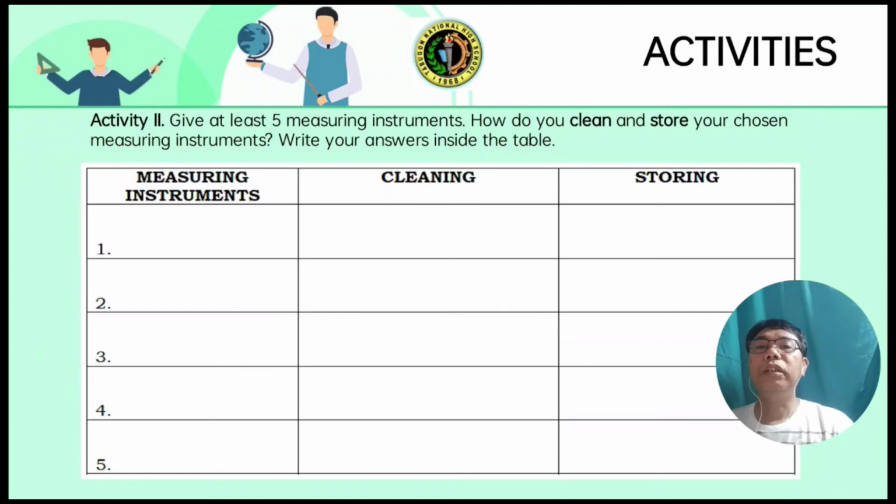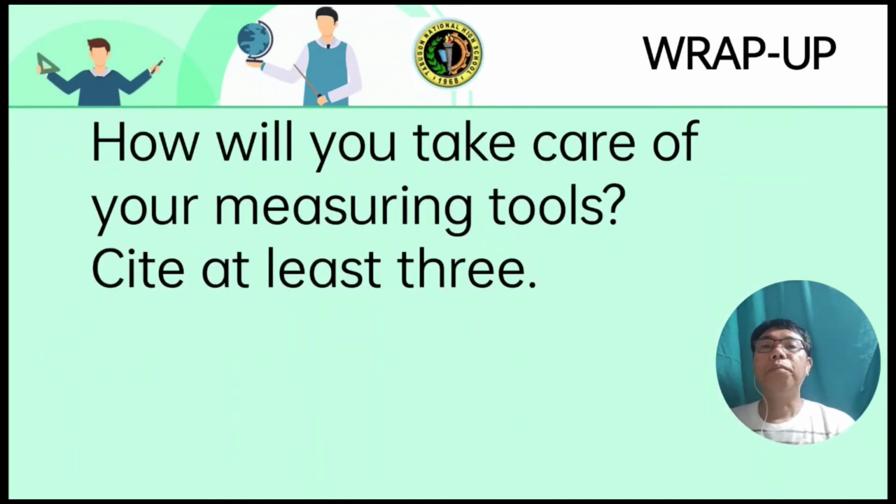And in the third column, you write how to store, the proper way of storing the instruments written on item number 1 to item number 5. Wrap up. How will you take care of your measuring instruments? Cite at least 3.